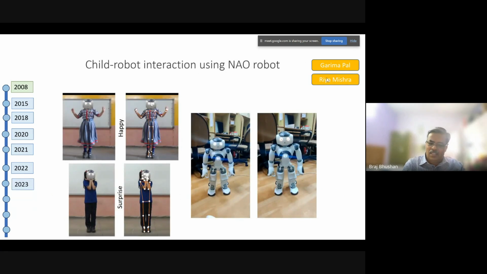Very recently, this is not a published work. Very recently, we have gone a step ahead in using the Nao robot to train children to express themselves not only through their face, but also through their gestures, right? For this purpose, we captured school children of comparable age and asked them to express themselves.